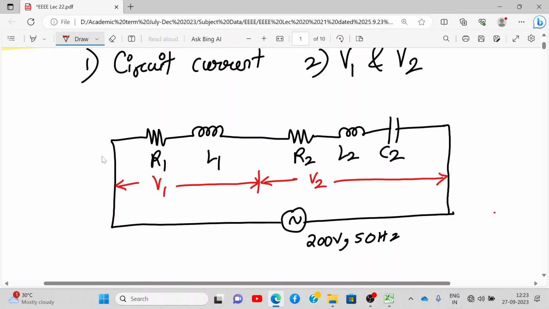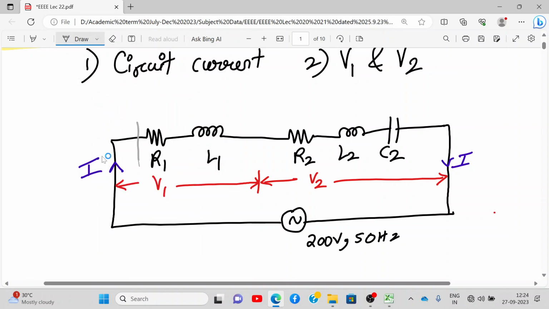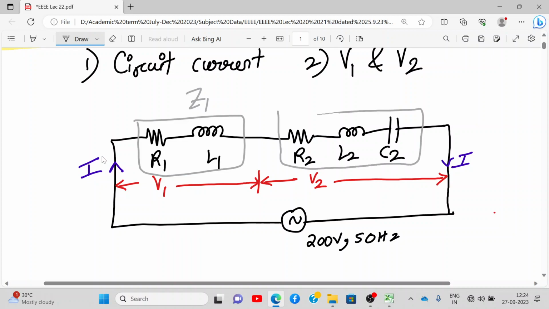If this is my circuit current, let me represent it as AC current I. Can you tell me what this first part will be? This will be impedance. Let me call it Z1. This is the RL network, and this is the RLC network.